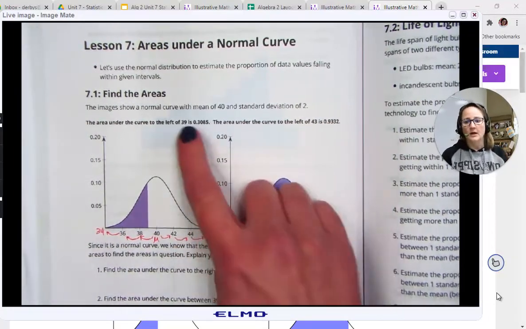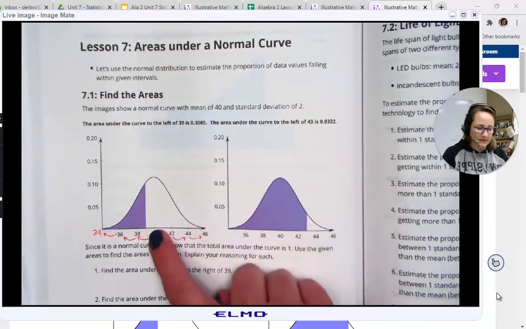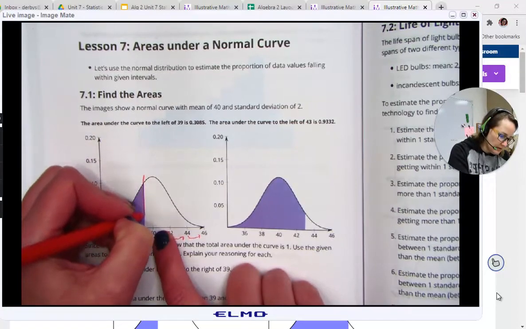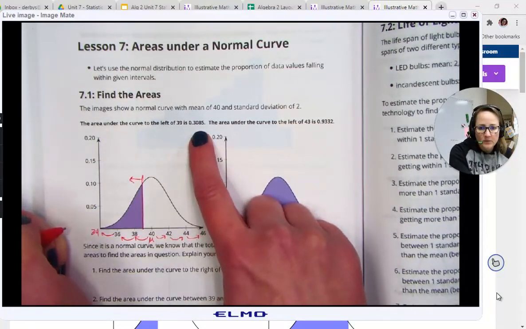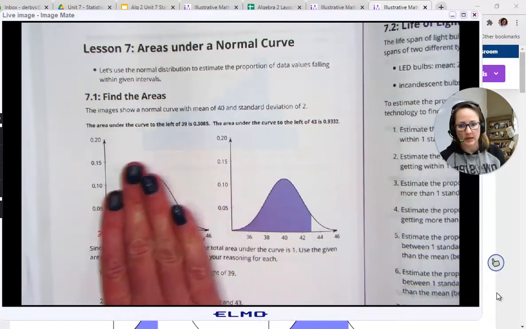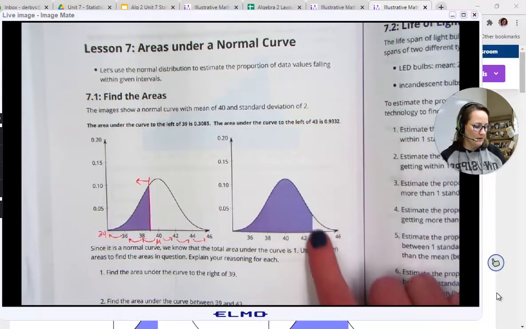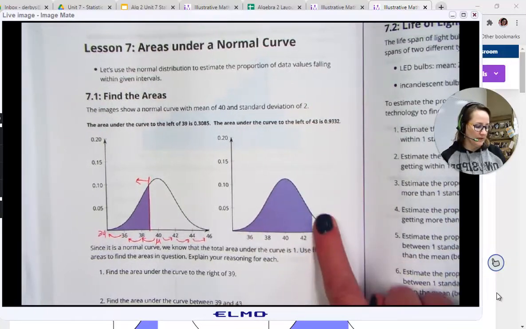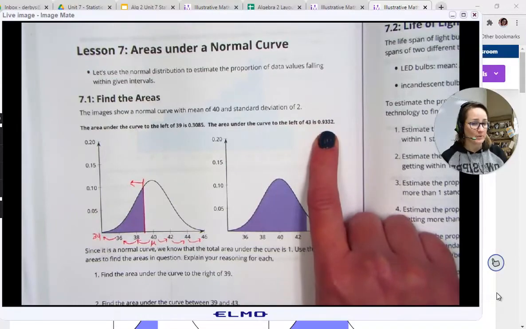Okay. The area under the curve to the left of 39, so that's telling us everything from here this way is 0.3085. So about 31% of the values are 39 and lower. And the area under the curve to the left of 43, so 43 and lower, is going to cover about 93% of our data.